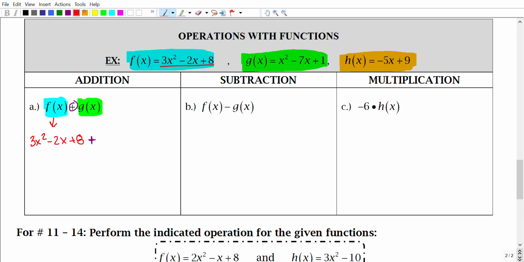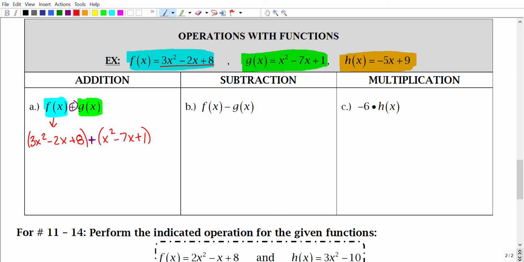All right, so plus g of x, which is x squared minus 7x plus 1. So I'm adding those two functions, guys. All of f of x is this, and all of g of x is this.